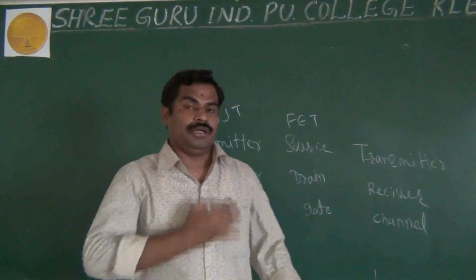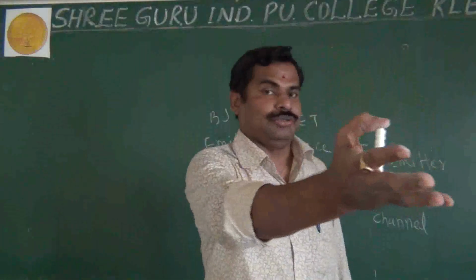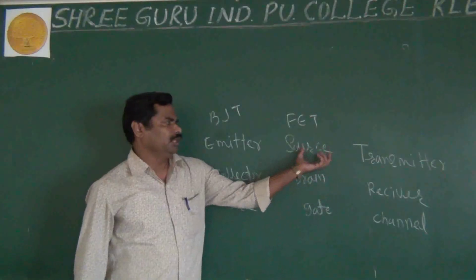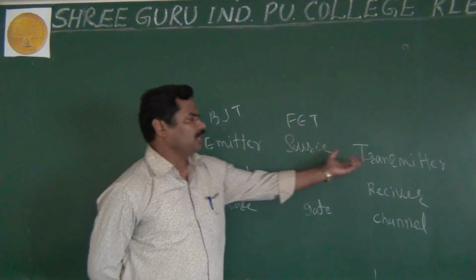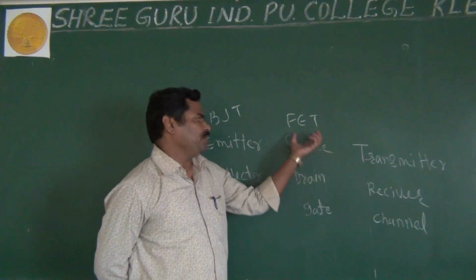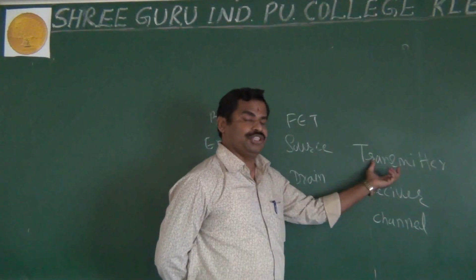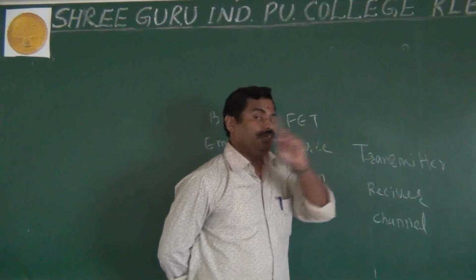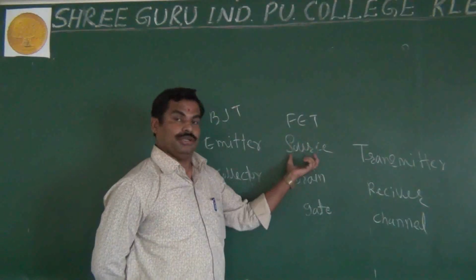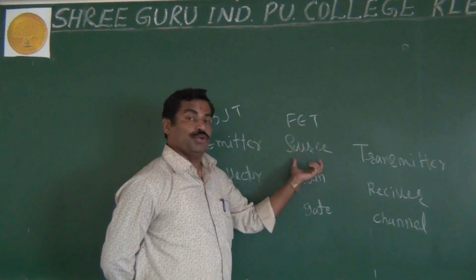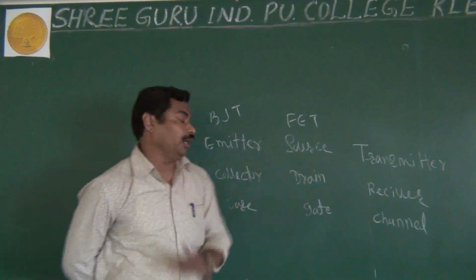For example, I am the transmitter, you are the receiver, and in between, space acts as a channel. In the same way here, what the transmitter does is done by the source. The transmitter will transmit the signals; in the same way, the source will produce the charge carriers.